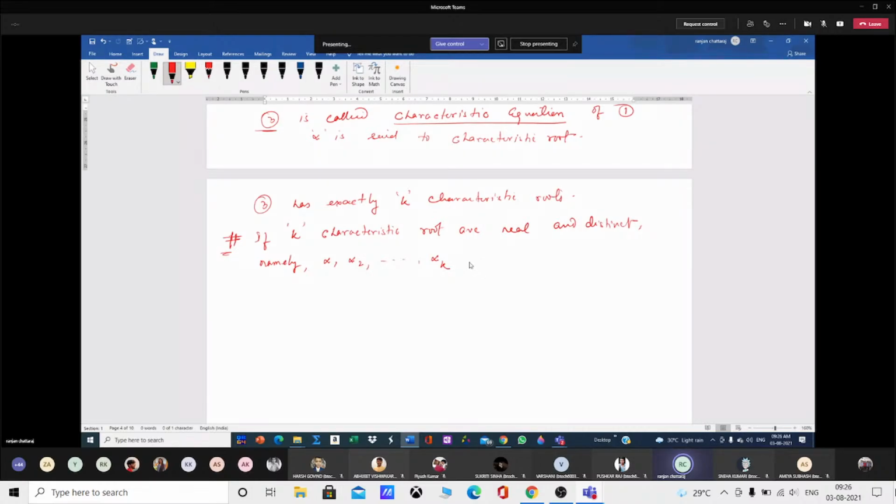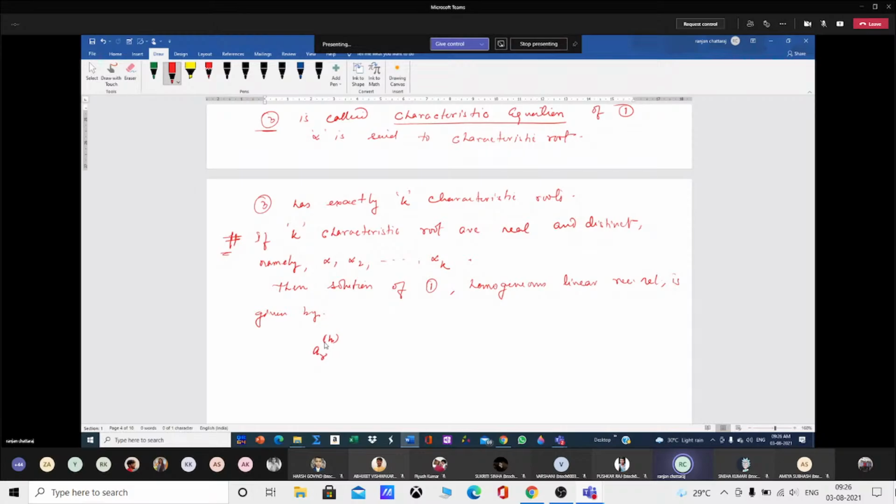Then you may write the solution of 1, the homogeneous linear recurrence relation, is given by, you see here the solution is written in terms of this a_r^(h).